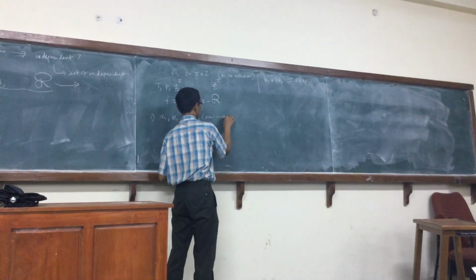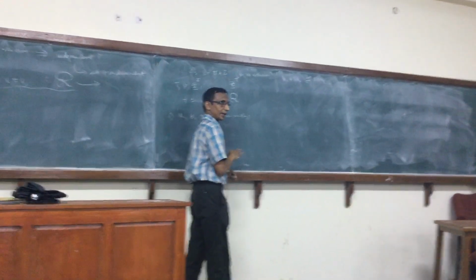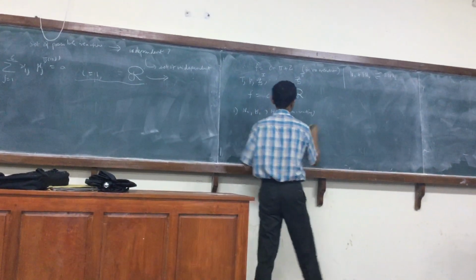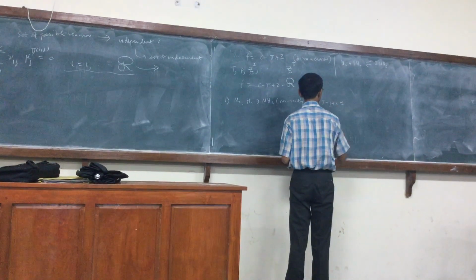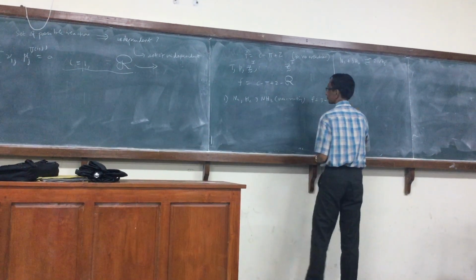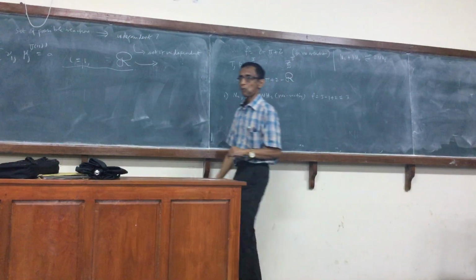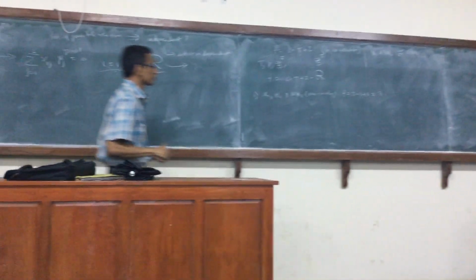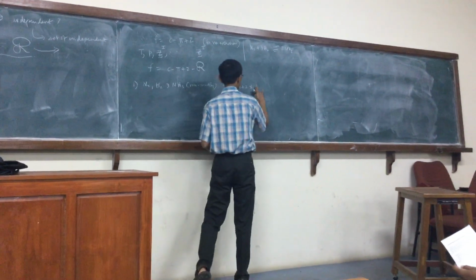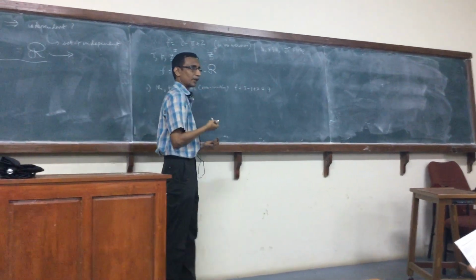Now what are the degrees of freedom? It's a single phase, it's all in the gas phase. So F is equal to 3 minus 1 plus 2, which is 3 actually. This is C plus 1, I mean 4, yeah. This is just C plus 1. Now what are the variables?